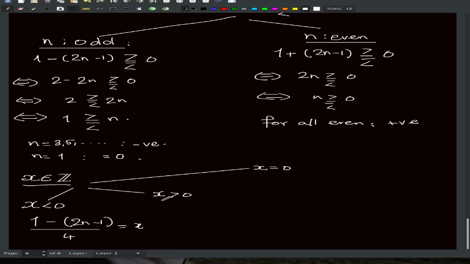If x is 0, you know n is 1, f of 1 is 0. And here again you have to do 2n is equal to x, so n is x by 2 and so on.